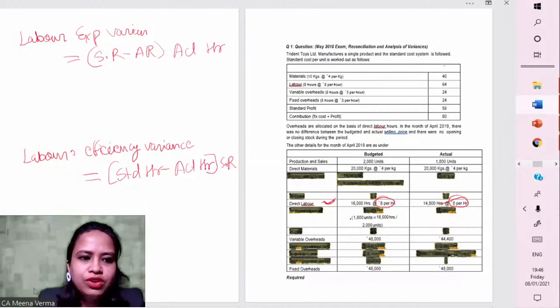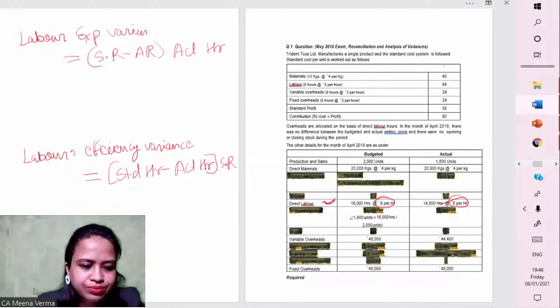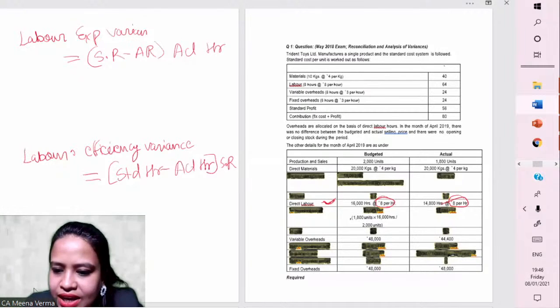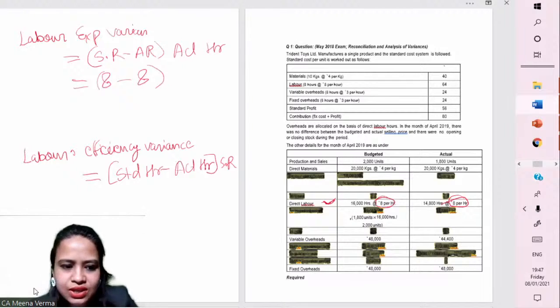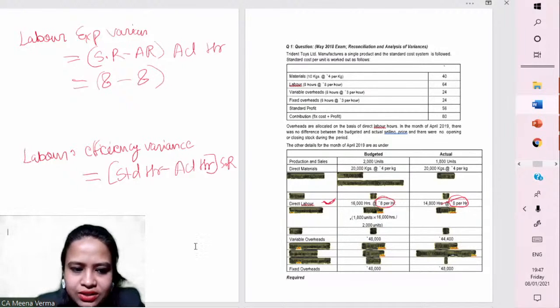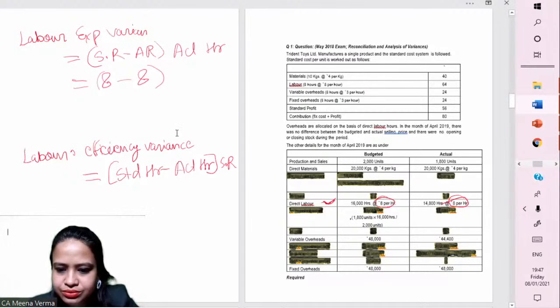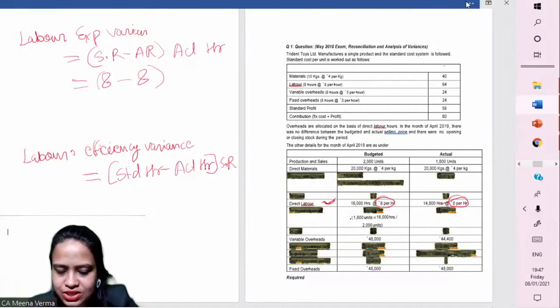So this way, what will be the expenditure variance? Standard rate is 8, actual rate is 8, 8 minus 8. What will be the expenditure variance? Now let us see how to find this labor efficiency variance. Now this is good to calculate.